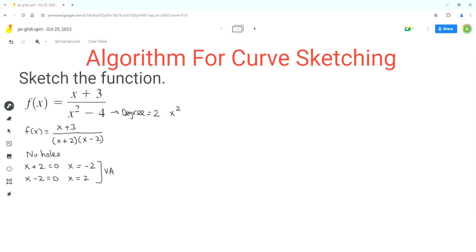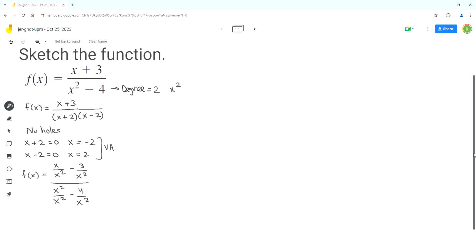So we get the numerator and the denominator, each divided by x squared. Now we can simplify this expression and apply the limit as x approaches infinity to find the horizontal asymptote.